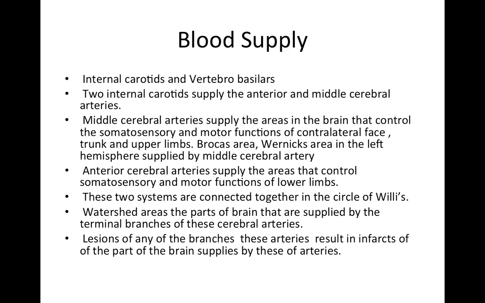There are two internal carotid arteries and two vertebral arteries that supply the blood to the hemispheres. Two internal carotid arteries supply the anterior and middle cerebral arteries. Middle cerebral artery supplies most of the superior lateral part of the cerebral hemisphere.